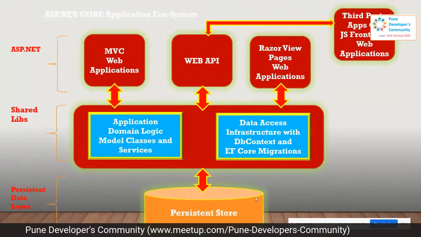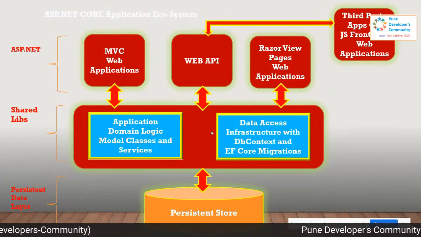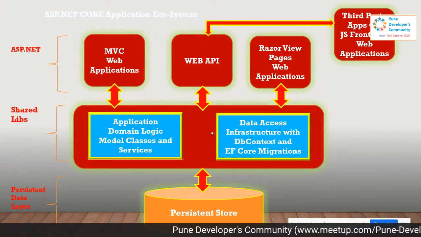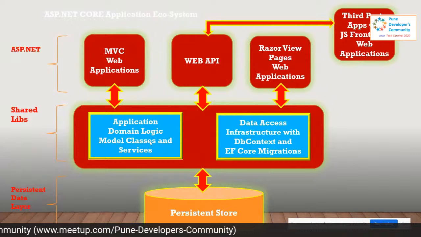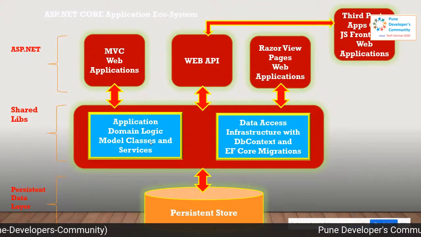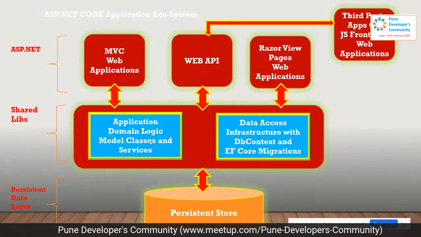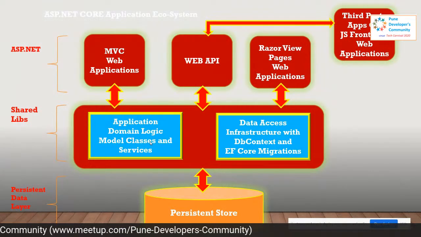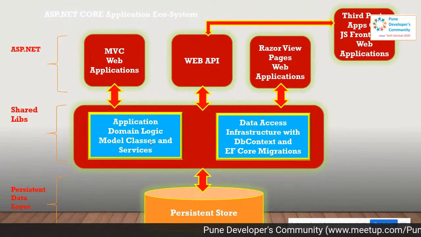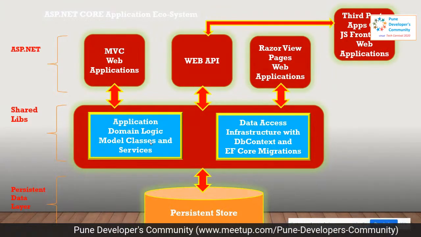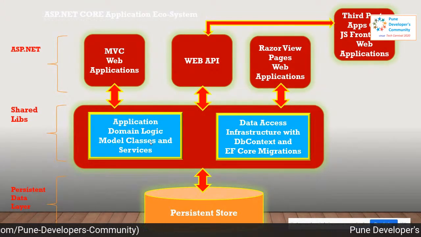Now, for this persistent layer, to perform the necessary CRUD operations, you make use of the necessary data access modeling as well as the application logic. So you use Entity Framework Core support, the typical code first approach. Or if you want, you can also go for a database first approach, meaning if your database is foolproof and there is no room for any changes to the database, meaning you don't want to change any table definitions and so forth, then you can opt for the database first approach.